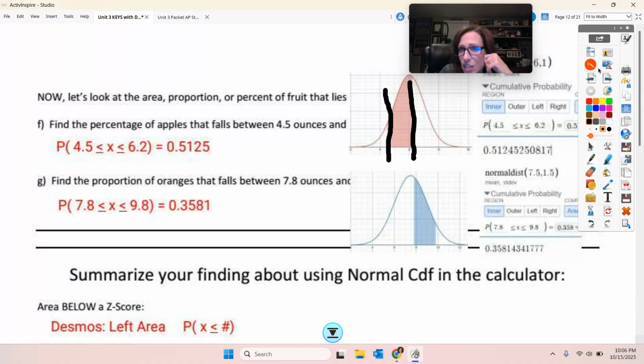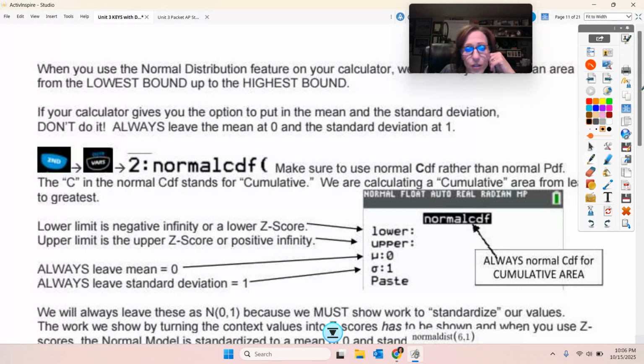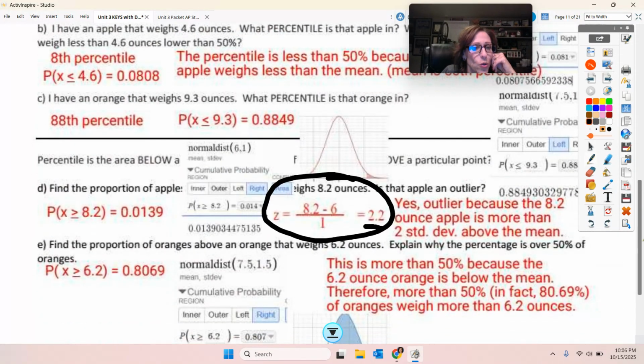In fact, let's go back here. If you are going greater than, you're going to say this is the probability, there's your P for probability, that you get an X, a context value, greater than or equal to 8.2. And then that equals, and you can write this as a decimal or you can write it as a percent. If you write it as a percent, make sure you have that percent sign.